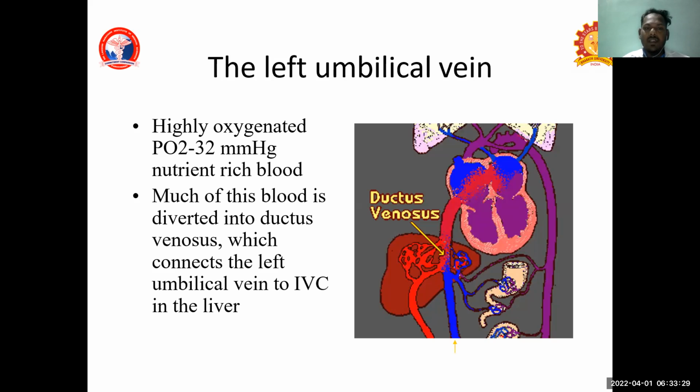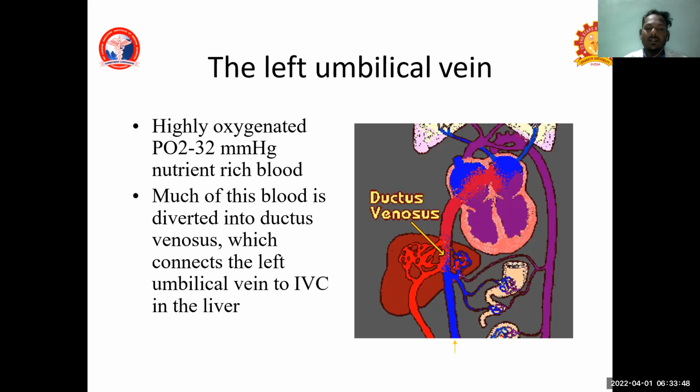So, the main left umbilical vein carries the highly oxygenated blood, that is PO2 around 32 millimeters of mercury, with rich nutrient blood.